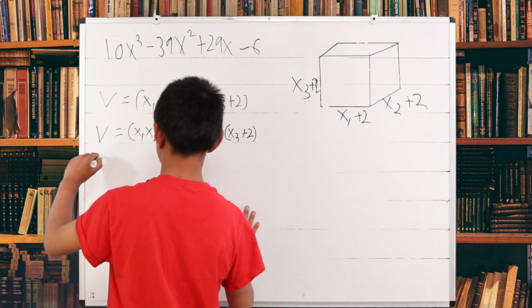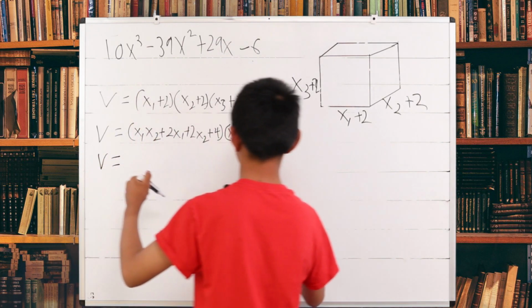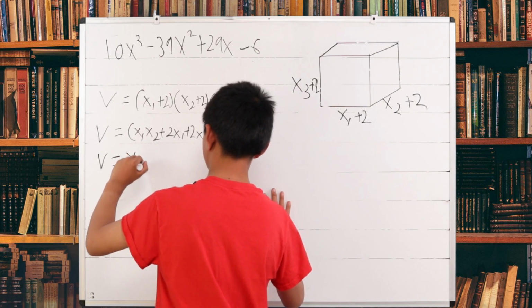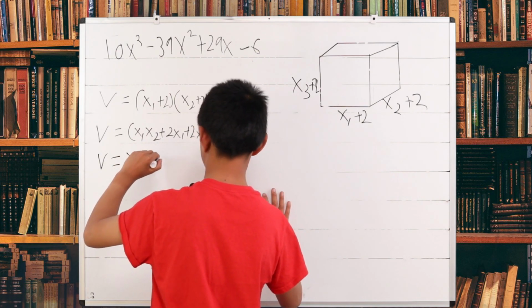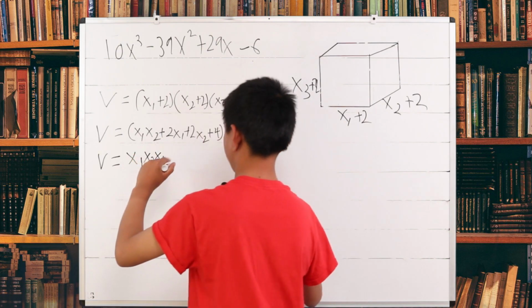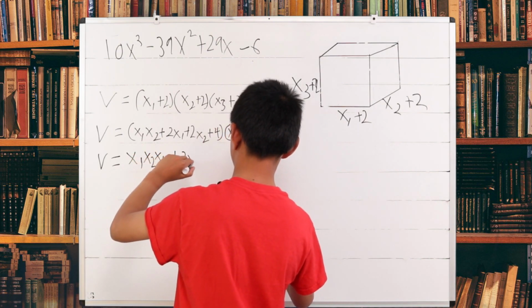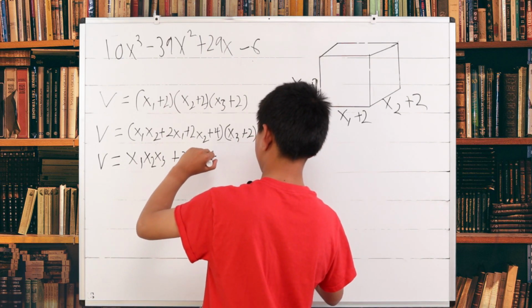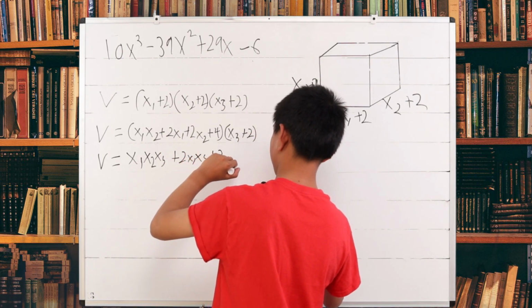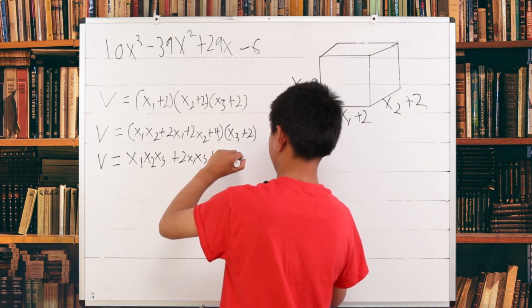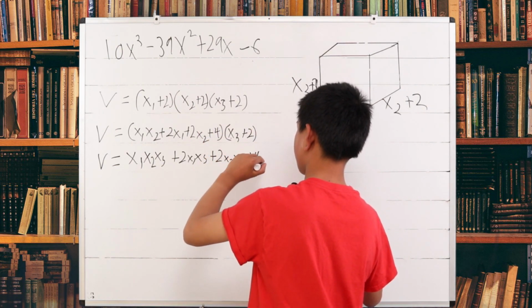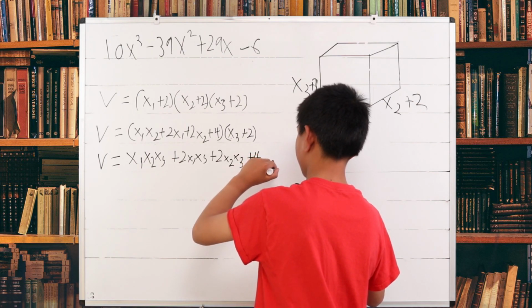Now we just multiply it, so V is equal to x1, x2, and x3 plus 2x1, x3 plus 2x2, x3 plus 4x3.